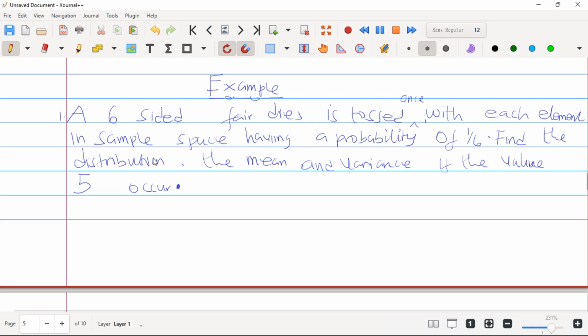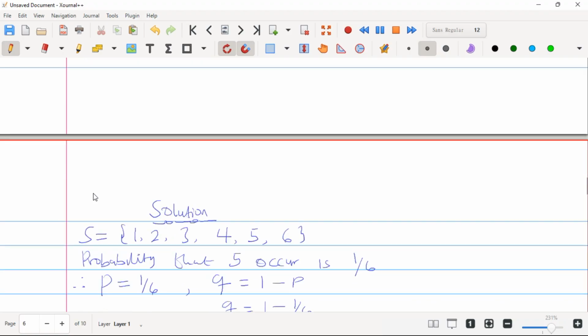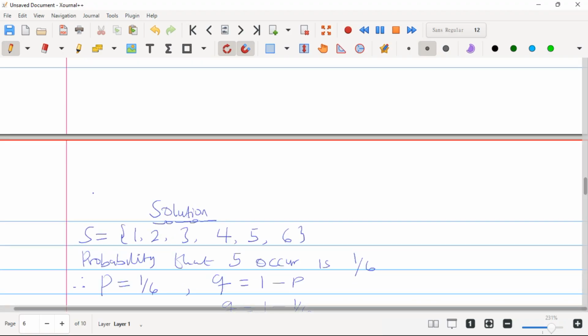Find the probability distribution, the mean and the variance if the value 5 occurs. In the question, each element in the sample space has a probability of 1/6, but our value of interest in the outcome of the die is 5, right? Only 5 occurs. When a die is tossed once, a die has 6 different numbers on it.